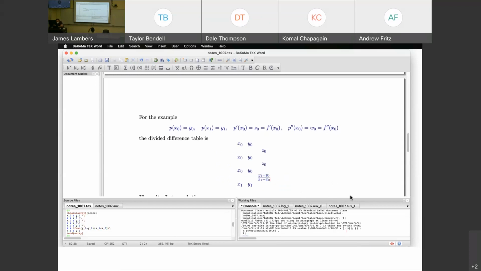Now I go to the second order divided differences. Here I'll have z naught minus z naught over x naught minus x naught. So the second order divided difference calls for a second derivative. That would go here. The second derivative is specified to be w naught.